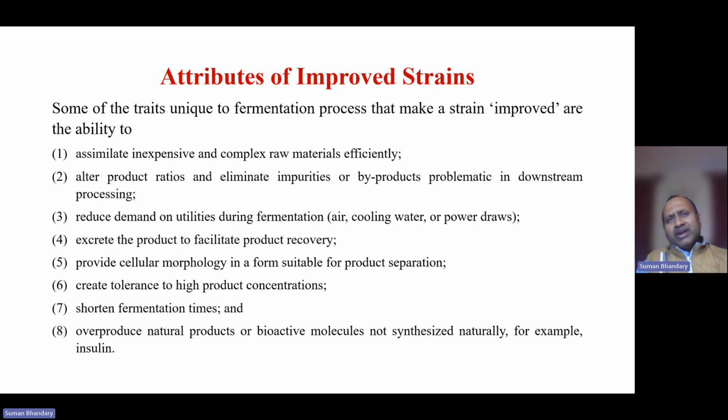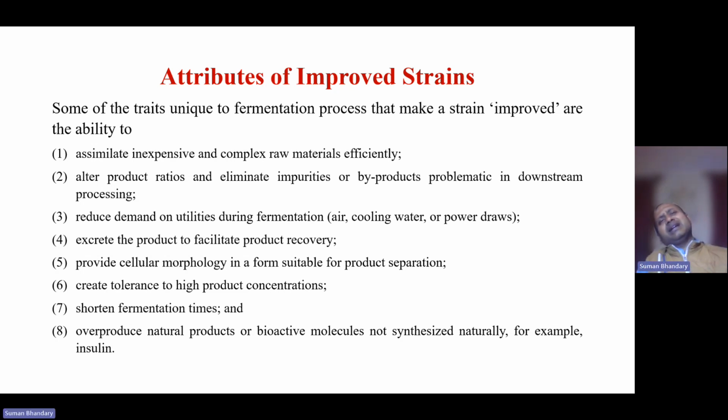So some of the traits unique to fermentation process that make a strain improved should have the ability to assimilate inexpensive as well as complex raw materials efficiently. It can alter product ratios and eliminate impurities or byproducts problematic in downstream processing. And basically, number of byproducts, if a microbial strain produces, it will create hindrance in the downstream process. Means when we are trying to separate the product.